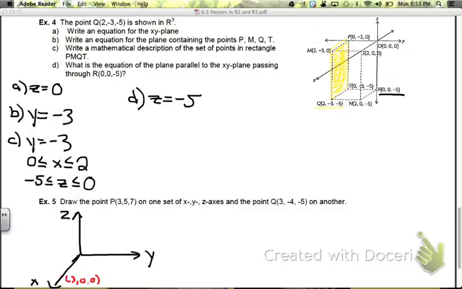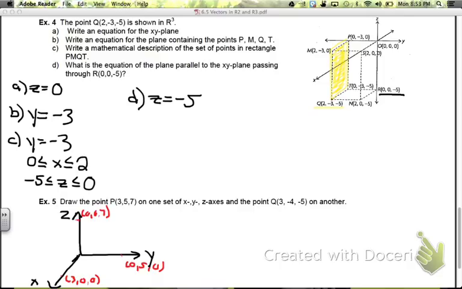So let's look at the point 0, 5, 0. That point would exist, say, right here, 0, 5, 0. And then let's look at what about the point 0, 0, 7? So just the point on our z-axis. That point would exist somewhere up here at 0, 0, 7.